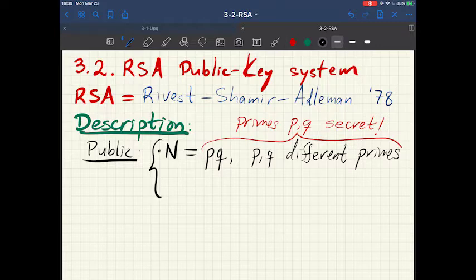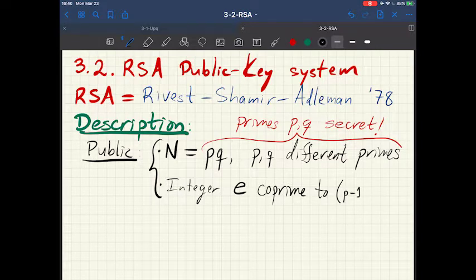The second public ingredient is an integer e, considered as an integer. It has to be coprime to p minus 1 times q minus 1.